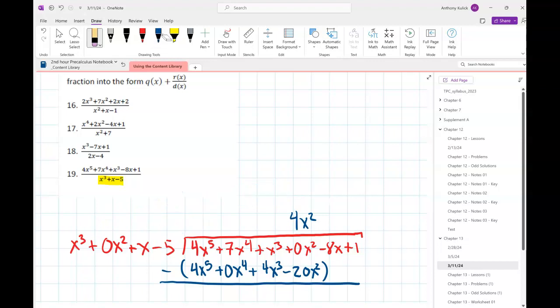Okay. Now, I never think about these as subtraction problems. I want to think about them as addition. So I'm going to distribute that negative through and rewrite it as an addition problem.